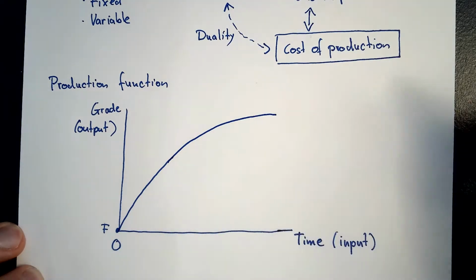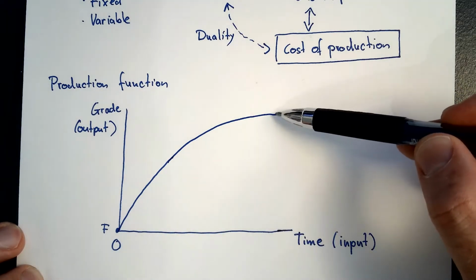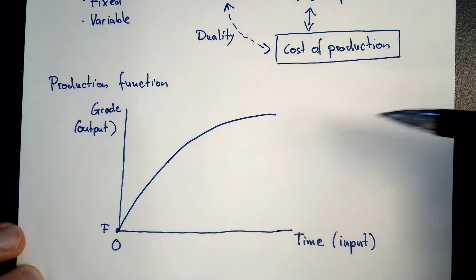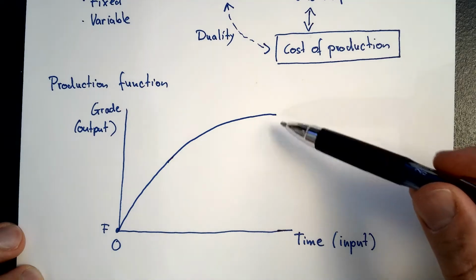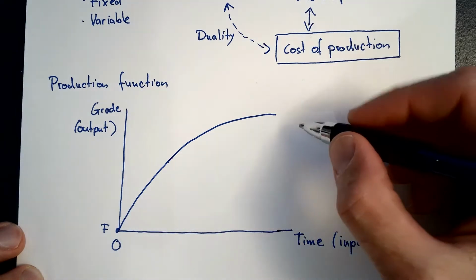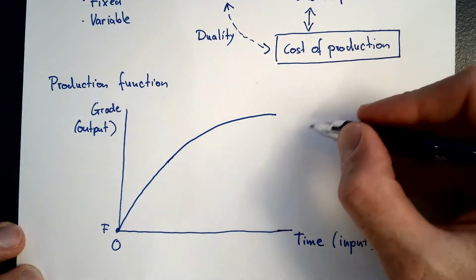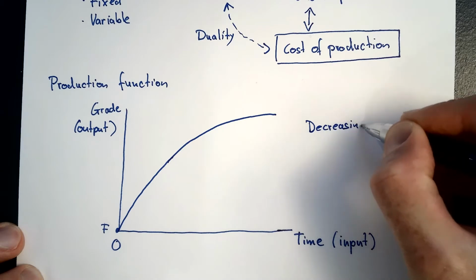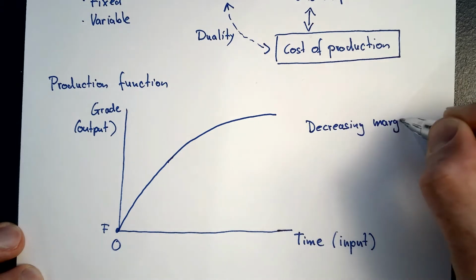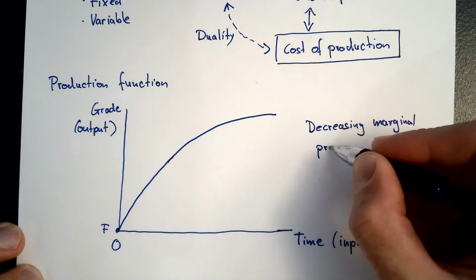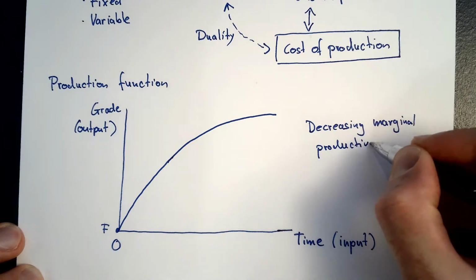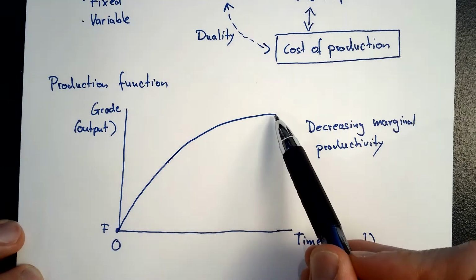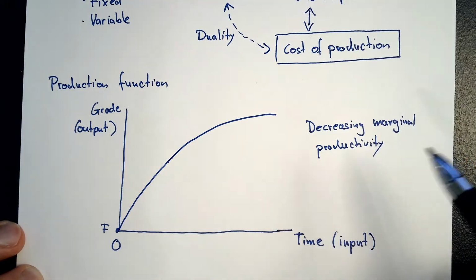Note that we have seen something similar in consumer theory, where we called it decreasing marginal utility, whereas here in this producer theory, we're going to talk about decreasing marginal productivity. So here you would have your production function that exhibits decreasing marginal productivity.